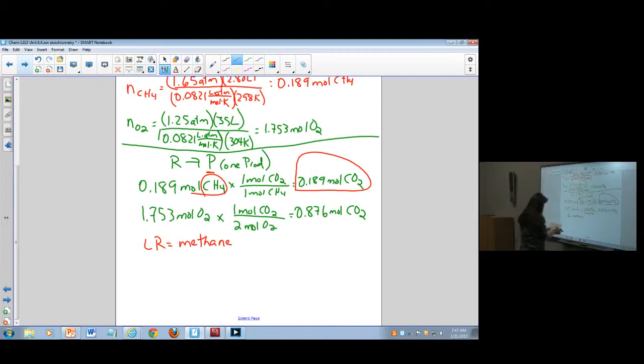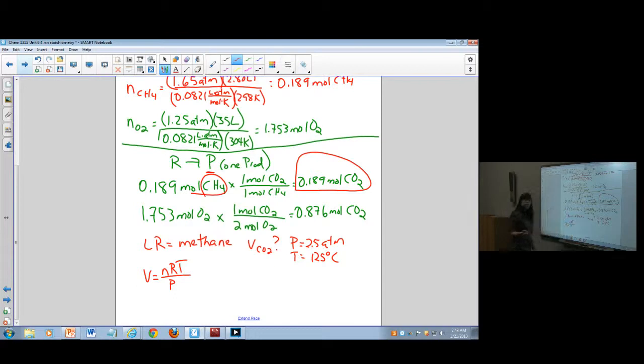We can't see any of that information anymore, so the question is, what volume of CO2 is produced if the pressure is changed to 2.5 atmospheres and the temperature is 125 degrees Celsius? We can do that using volume equals nRT divided by pressure.